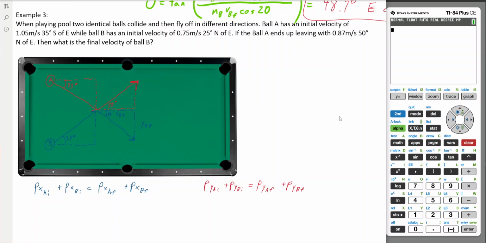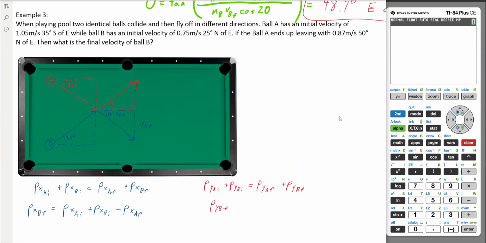So let's first of all rearrange this. It's going to be P_XBF equals P_XAI plus P_XBI minus P_XAF. Doing the same thing here, it's basically the identical step.